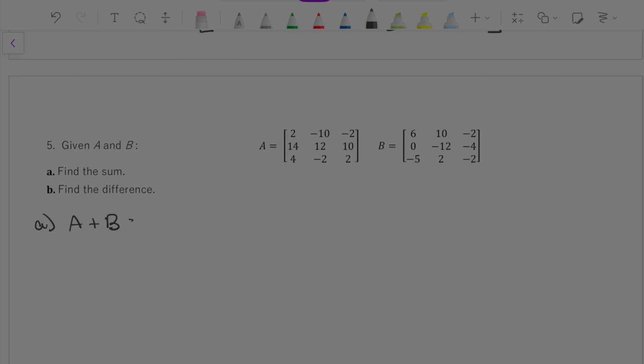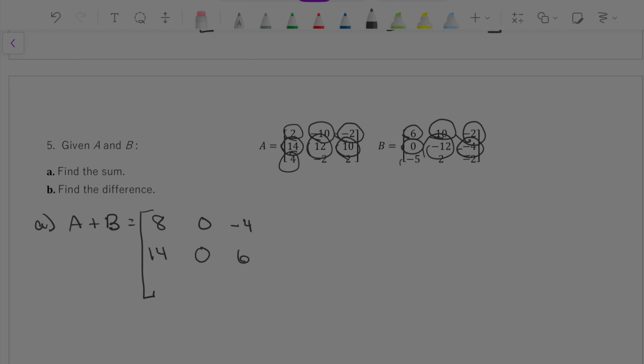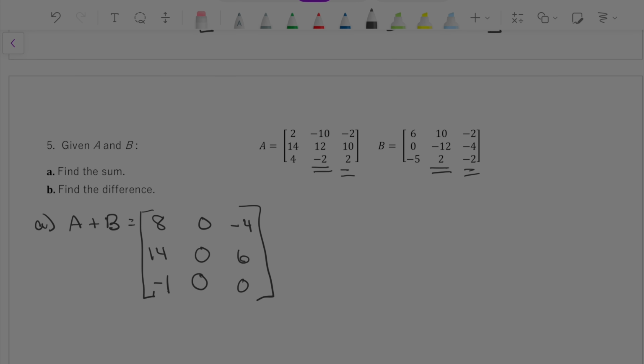A plus B, and I'll do this one a little bit quicker. 2 and 6, -10 and 10, -2 and -2, 14 and 0, 12 and -12, 10 and -4, 4 and -5, and I'll make sure I go slow enough so I'm not making errors. -2 and 2, and I'm adding. 2 and -2, and I'm adding. So there's the sum.